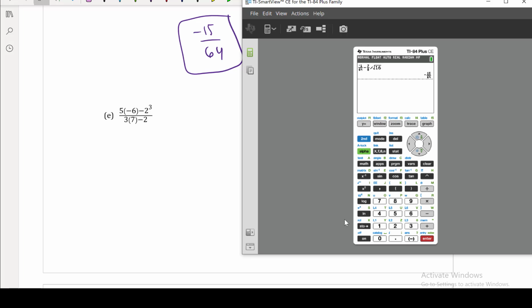Now looking at part E, again, I can just put all of this into my calculator, which is really nice. And you guys are always allowed to use a calculator. So I have 5 parentheses -6, and I have -2 to the 3rd power.